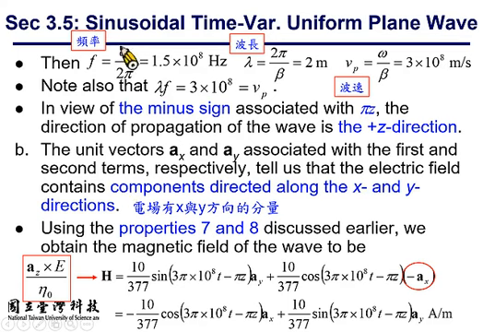Frequency can be found by dividing omega with 2 pi, so you have 1.5 times 10 to the 8th. So a more convenient way to describe the frequency here is what? 150 megahertz. Okay, 150 times 10 to the 6th.